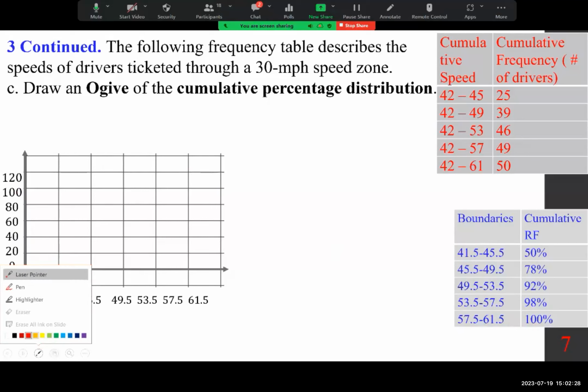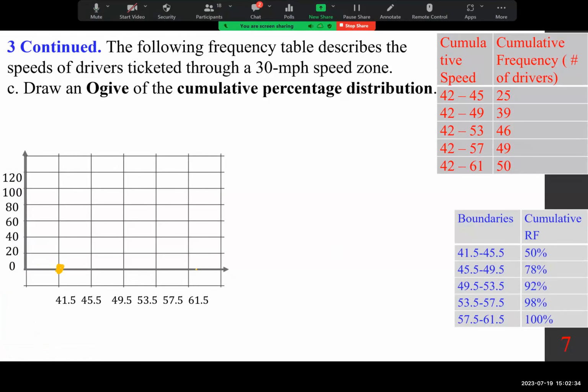So I want to make sure we understand. The first one must always correspond to 0. And the last one must correspond to 100% or 1.